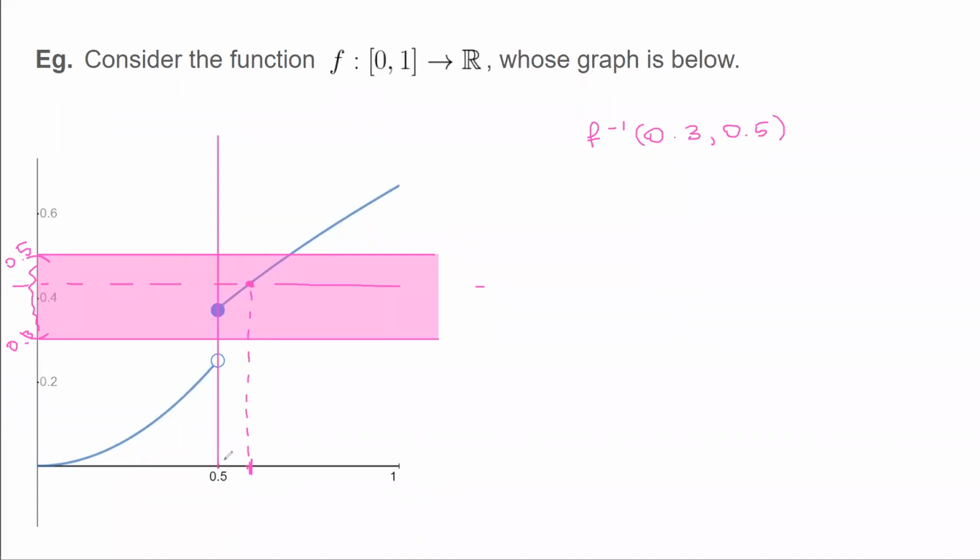And actually 0.5 is in this inverse image because f of 0.5, remember, is in this open interval from 0.3 to 0.5. It's about 0.4, just a little below that. So this 0.5 here is actually in this interval.